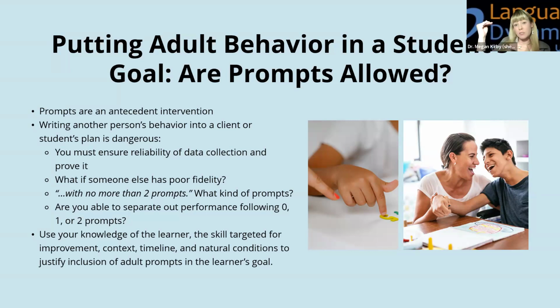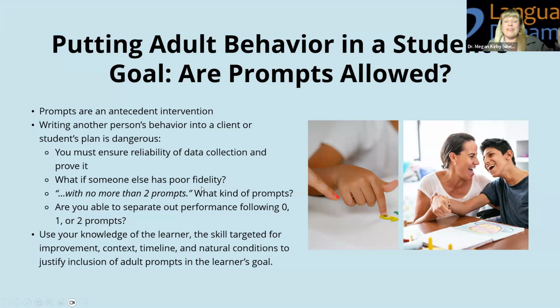I can adjust the performance criterion. Do I need them to get 100% accuracy, or is it like 3 out of 4, which is 75%, 3 out of 4 elements that are complete and coherent? You have to ask yourself that, but I want independent progress. Again, because there are so many other things that go into this. What if there's some substitute instructional assistant working with their student and they have horrible fidelity?